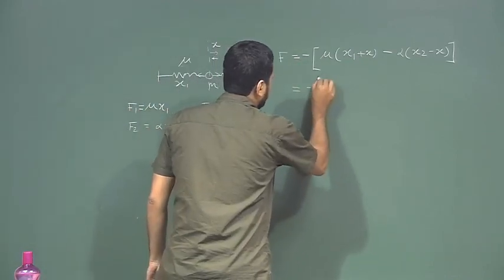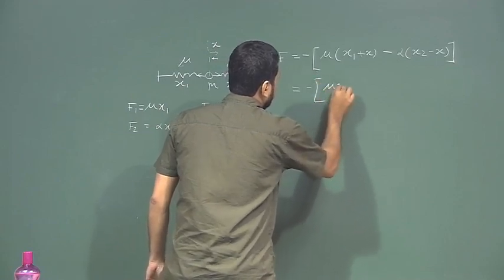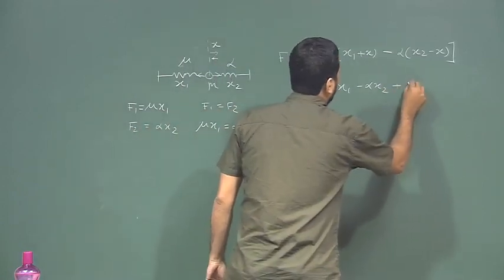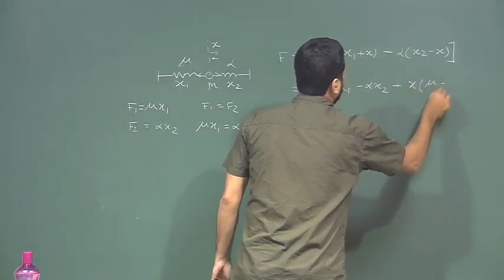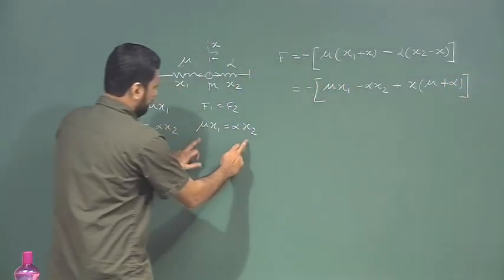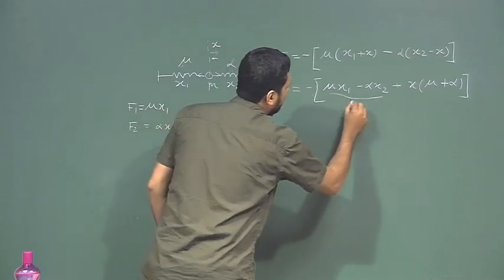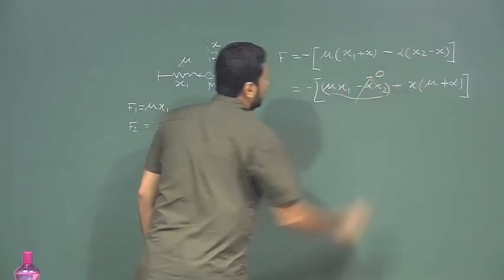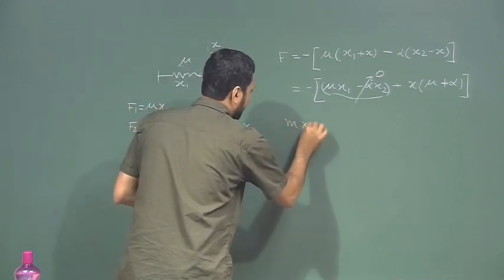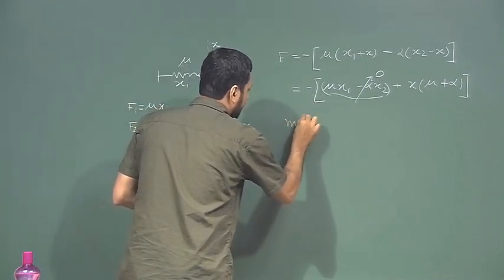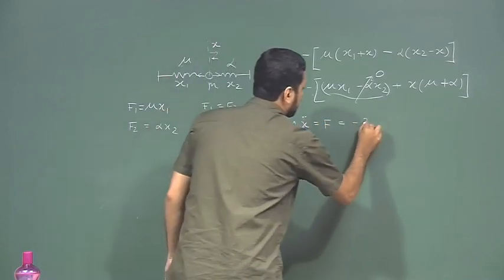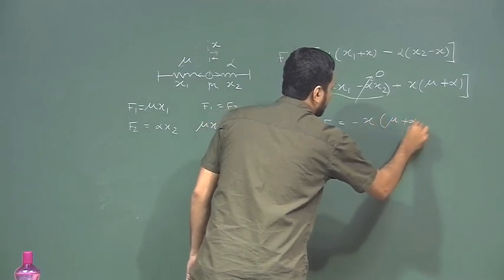Anyway, it is mu x1 minus alpha x2, and then we have x times (mu plus alpha). By virtue of the equilibrium relation, that combination gives 0. So, the net restoring force, when I write the equation of motion, is m x double dot equal to F, which equals minus x (mu plus alpha).